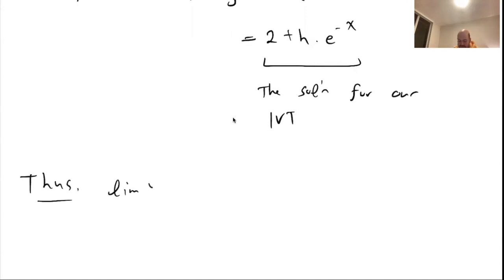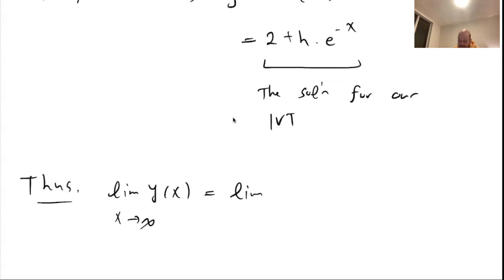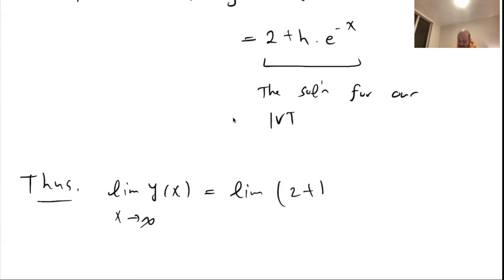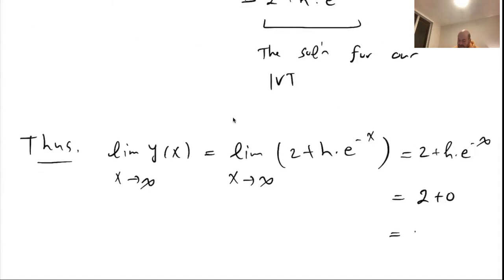That's limit of y of x as x goes to infinity will be equal to limit 2 plus h times e to power minus x as x goes to infinity, which will be 2 plus h times e to power minus infinity. E to power minus infinity is 0. This is 2 plus 0, which is 2.